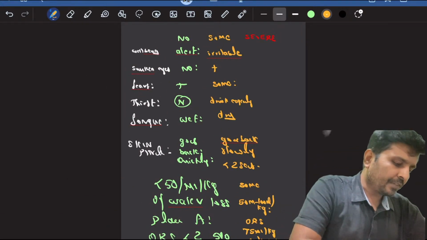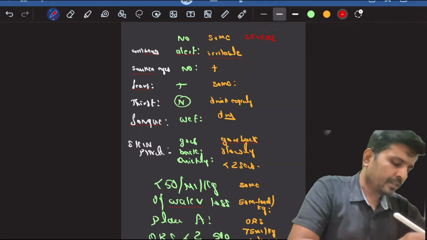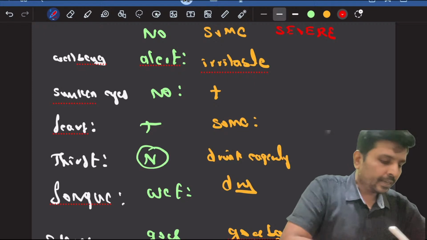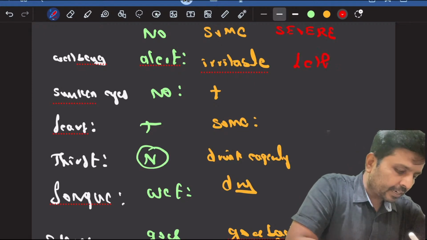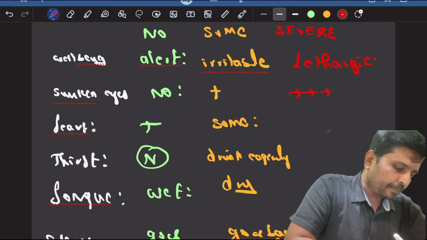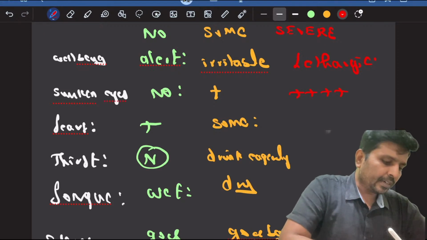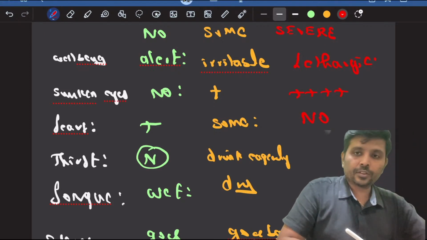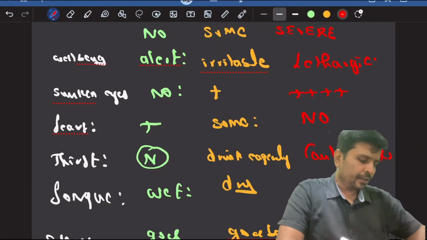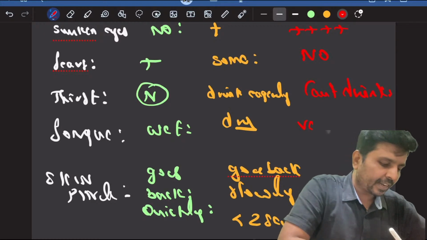Now comes severe dehydration. What is severe dehydration? Here the child is lethargic. Sunken eyes present. No tears. Thirst: can't drink, even if it wants to, because of extreme drowsiness. Tongue very dry.